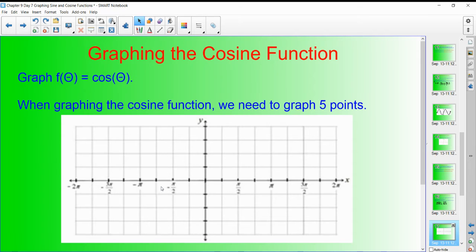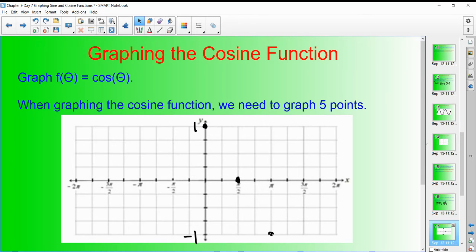So here we go. We're going to visualize our unit circle. At 0 radians, our x value on the unit circle is 1. Then at pi over 2, at the top of the unit circle, our x coordinate is 0.